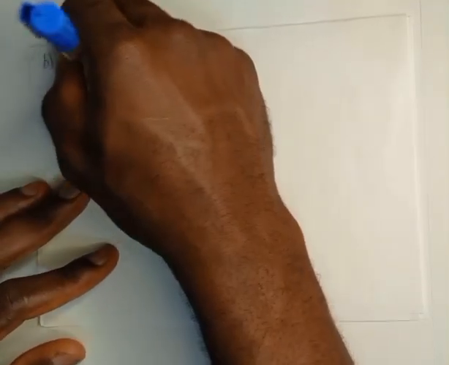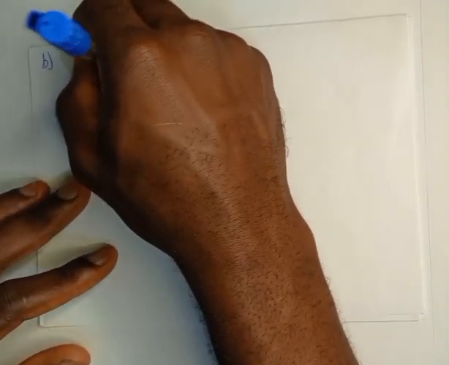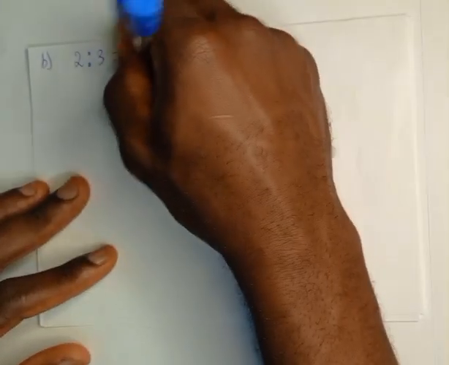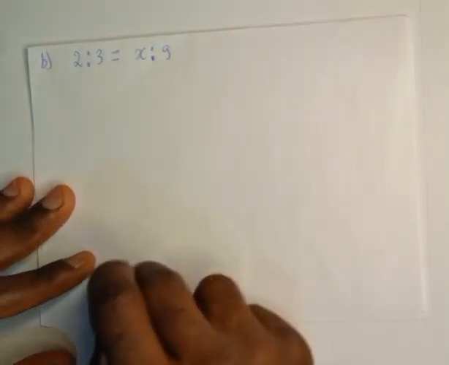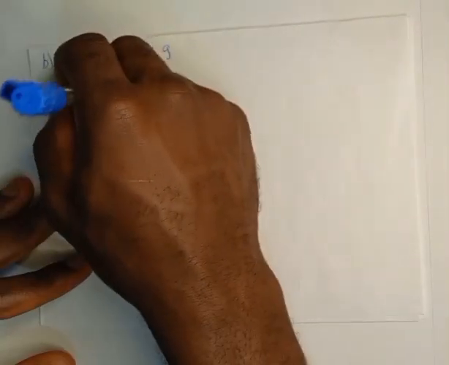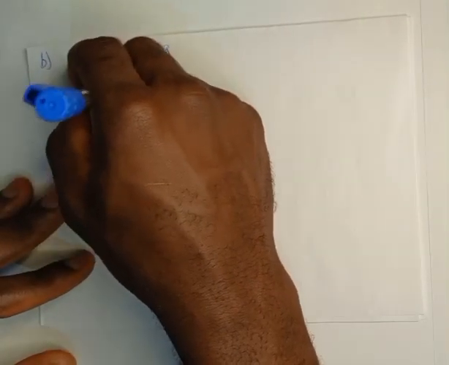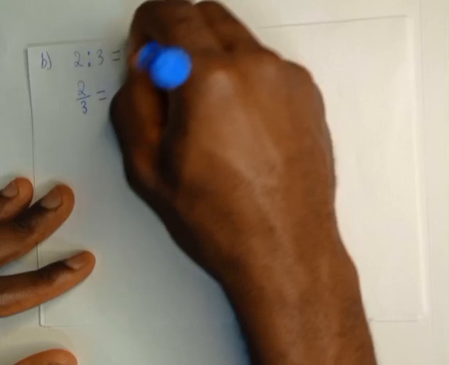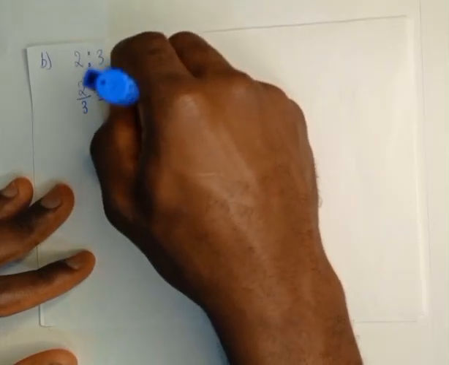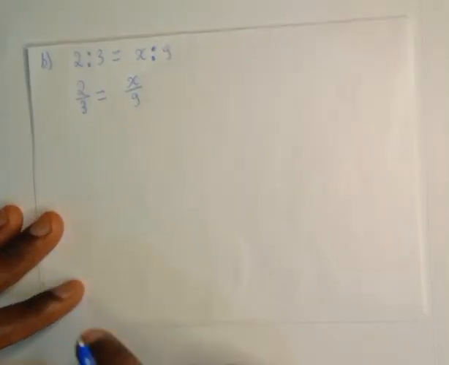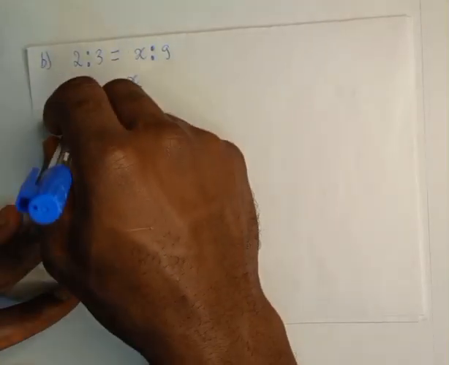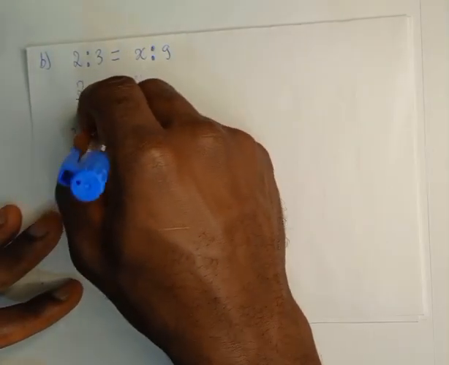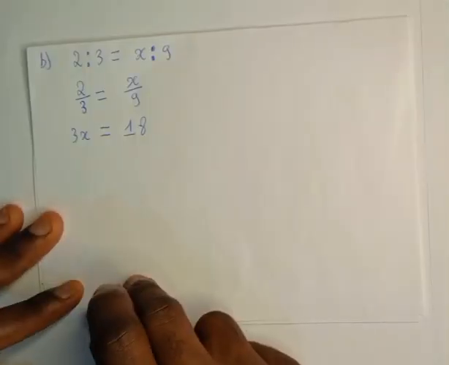Question B, we have 2 is to 3 is equal to x is to 9. We're going to express the left hand side in the fractional form. 2 over 3 is equal to x over 9. The next step, we are going to perform cross multiplication. 3 times x gives us 3x is equal to 2 times 9, which gives us 18.